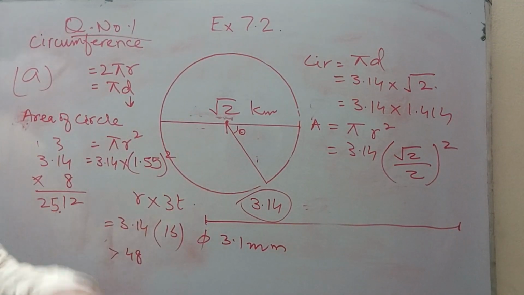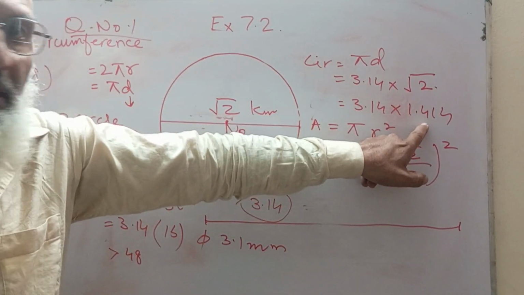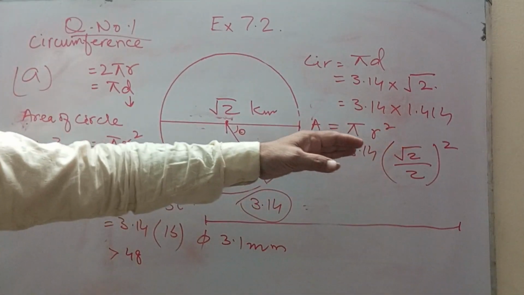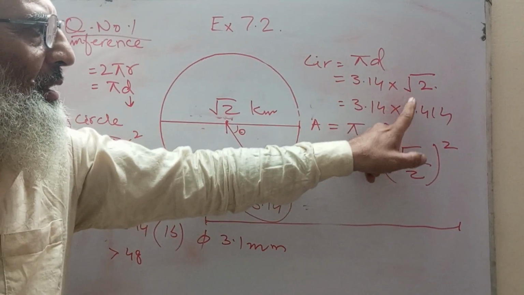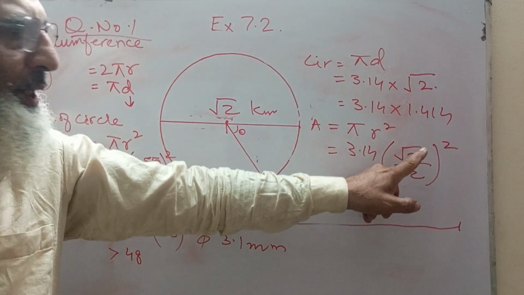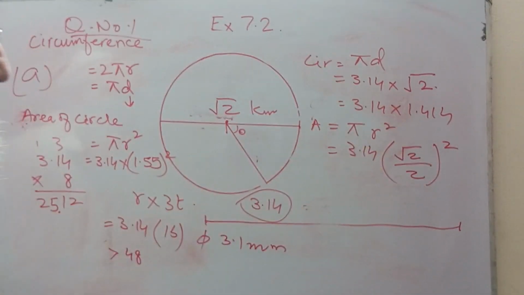There are two options for you now. You can make it half. Now this is the value which we get when we open the root 2.